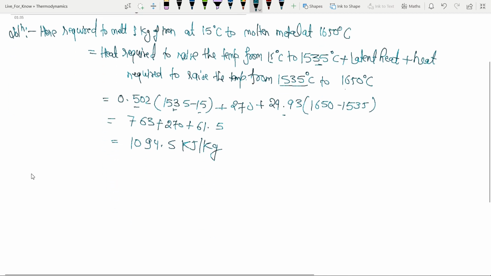Now 1 ton is equal to 10 to the power 3 kg.